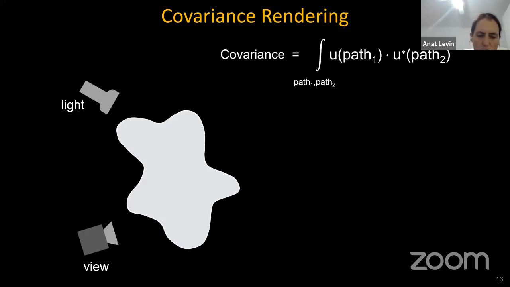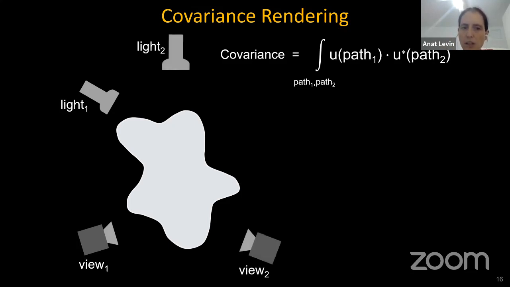Okay, so this was about intensity rendering. Now, if we want to render covariance, what we prove in the paper is that we can express the covariance as an integral of contributions over pairs of paths. To explain it, let's add another illumination direction and another sensor.